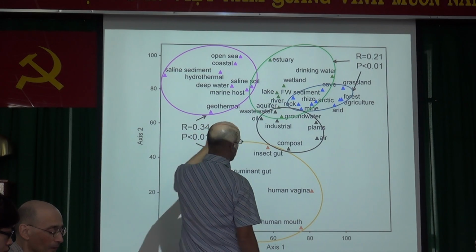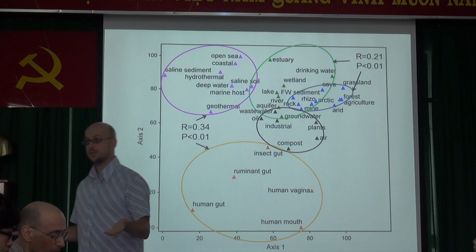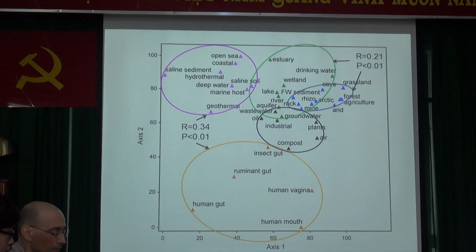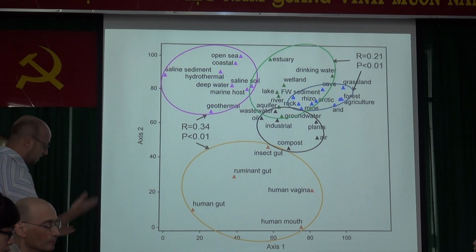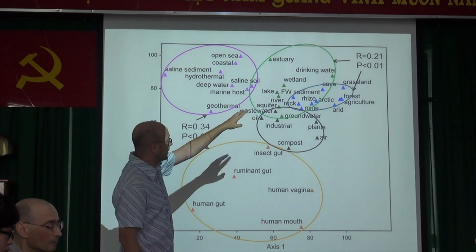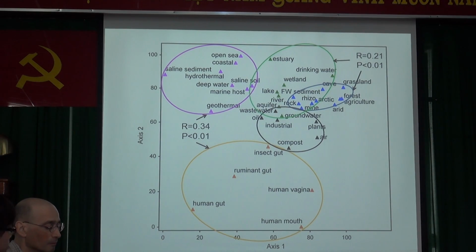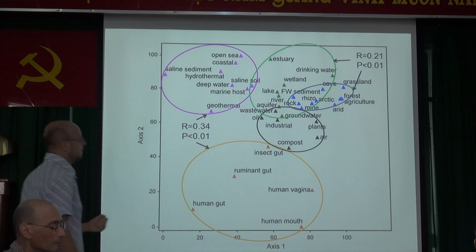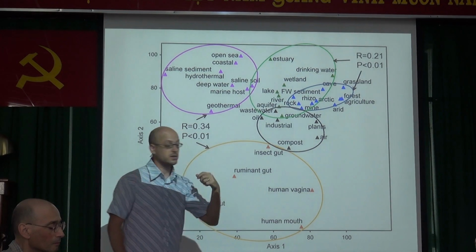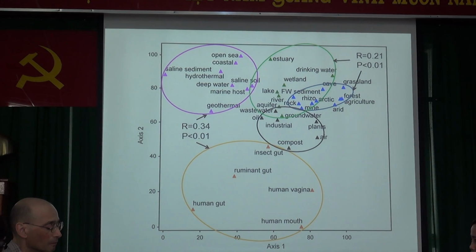But remember, we said the green group and the blue group. Some people said they are different. Some people said they are the same. Now we have a number to say exactly. And the number is R equals 0.21, so they are somewhat different, but the p-value is smaller than 0.01, so that means yes, they are different.